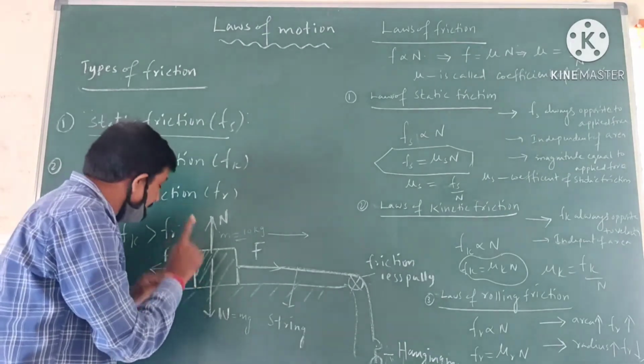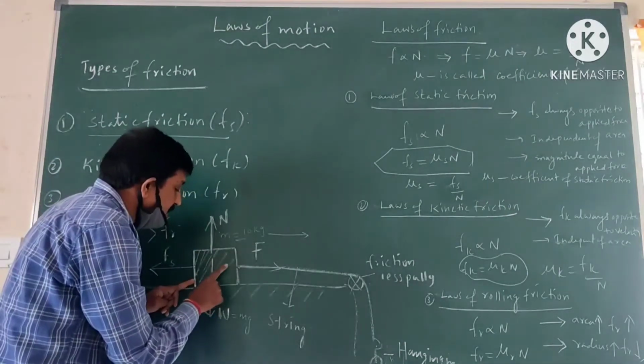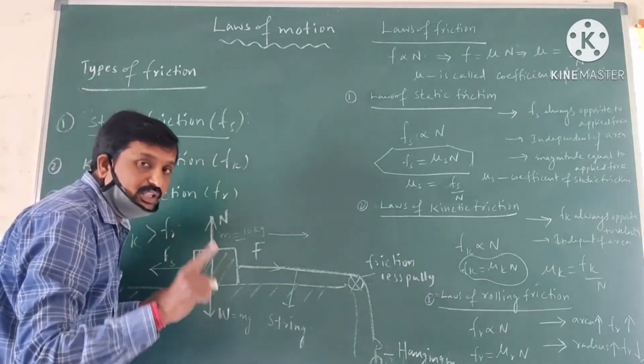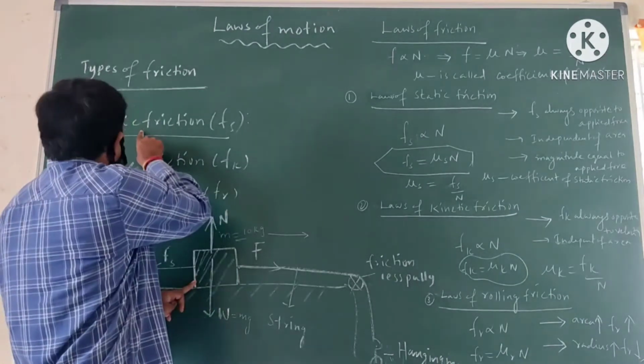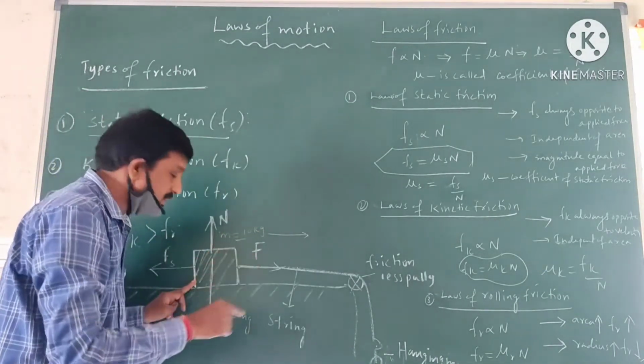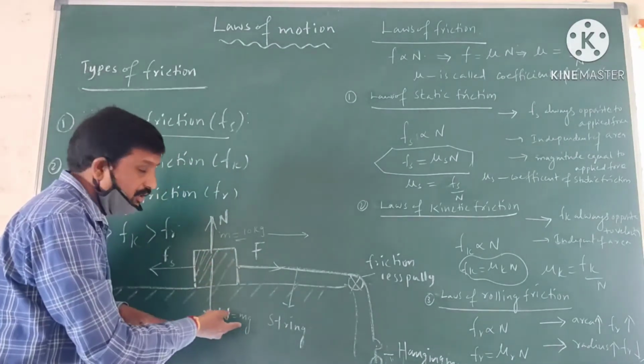At that time, between body and surface there is maximum friction. This maximum friction is said to be static friction. Static friction is also called limiting friction or self-adjusting friction.